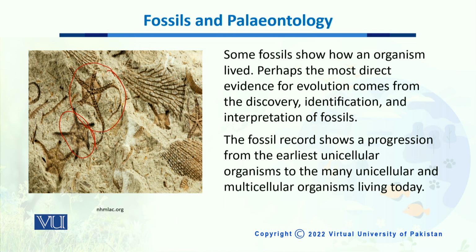This is probably an oceanic species, probably a brittle star, and you can see here, these are also the impressions of various species which have remained inside the rocks, and they have been preserved.